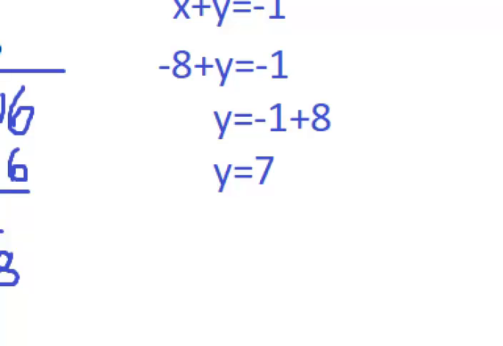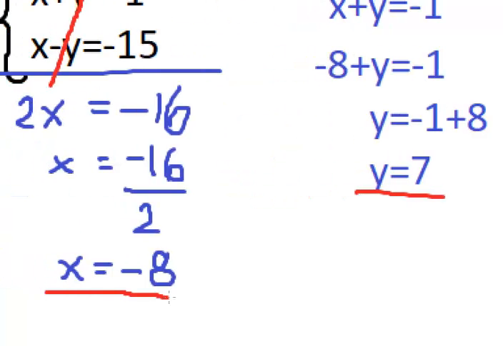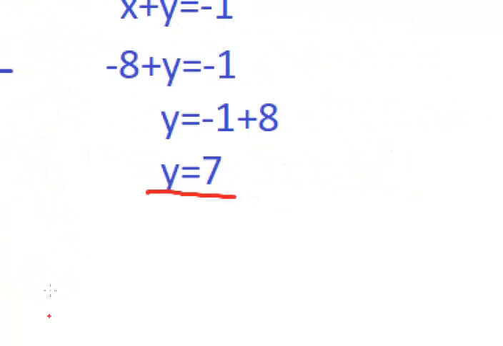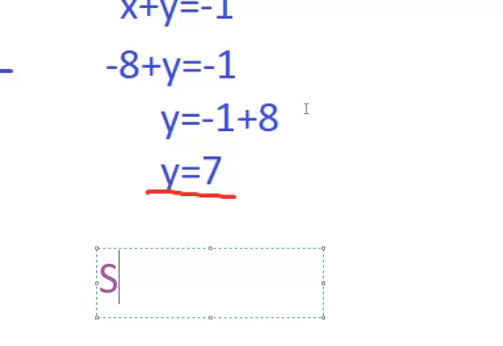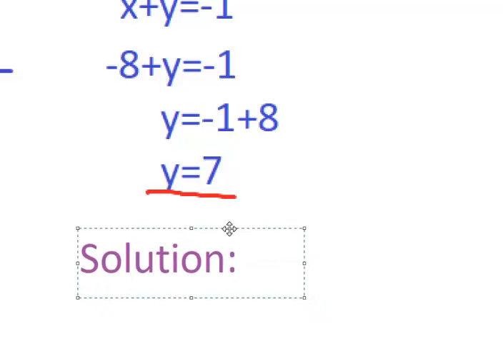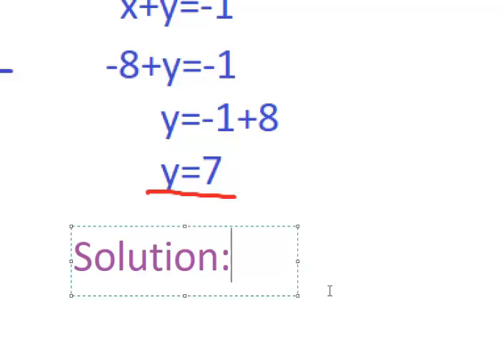I already found y, and I have found also x. So what do I do next? I'm just gonna write the answer. The solution in this case is gonna be a point in the coordinate plane, or basically an ordered pair.